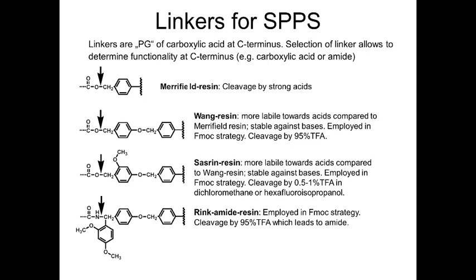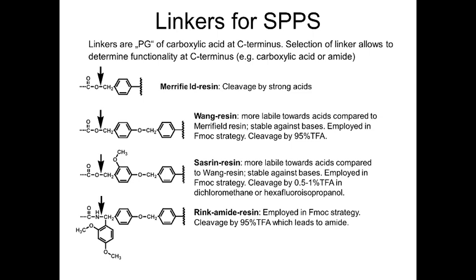For the Fmoc strategy, usually Wang resins are used. They are more labile towards acid compared to the Merrifield resins. They are stable against bases, and cleavage is usually obtained by 90% trifluoroacetic acid.